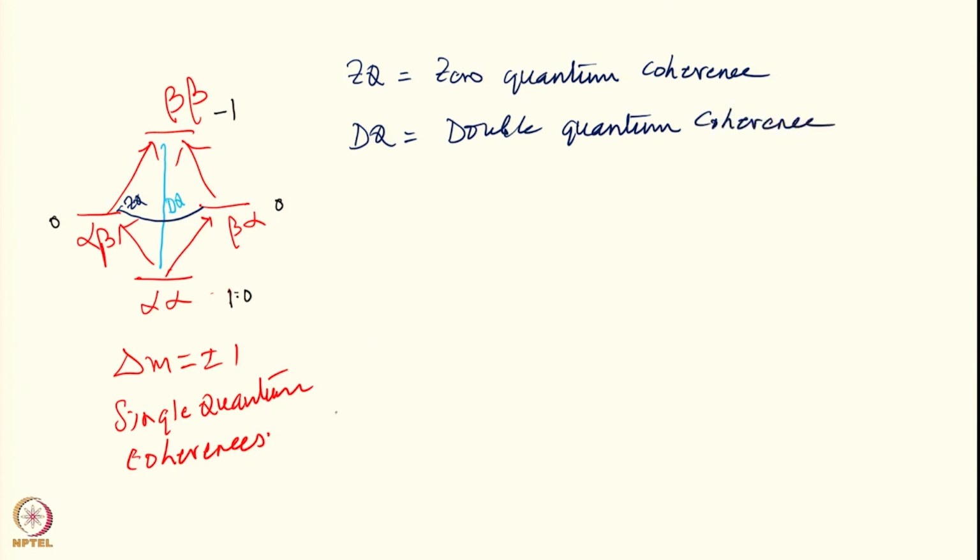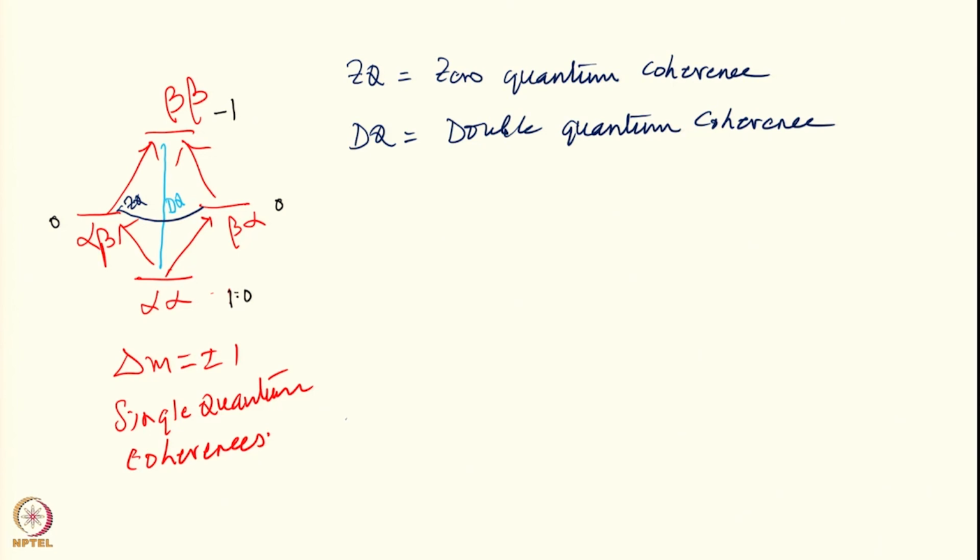So during the magnetization flow, such kind of magnetization terms will be created. Okay. How do we know these ones? What are the kinds of magnetization terms which represent this? This is what we will see now.